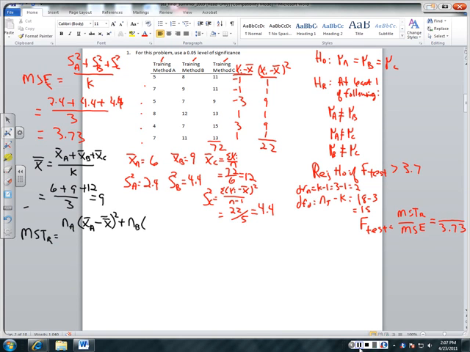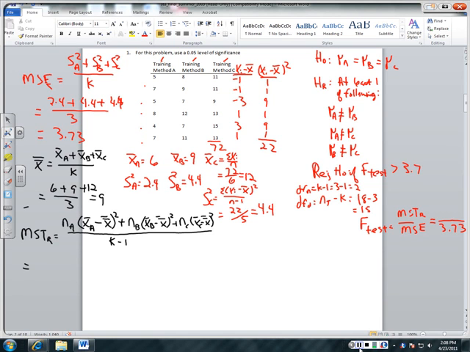So NB, x bar B, minus x bar squared, and then the same thing for group C. And if you had 4 or 5 groups or whatever, you would just continue with that progression right there. And that's divided by k minus 1.